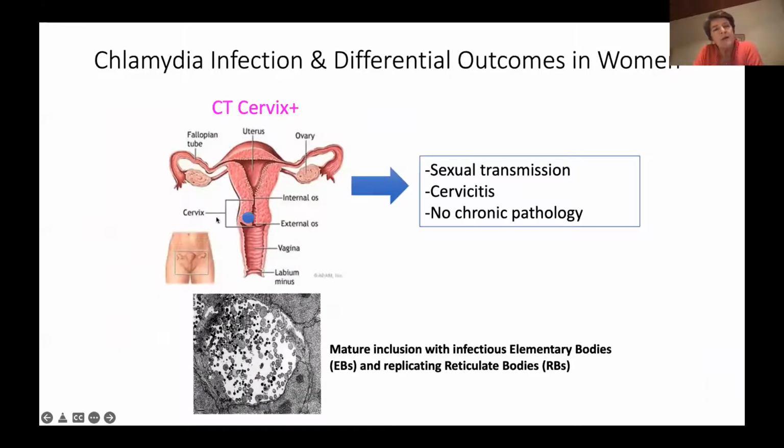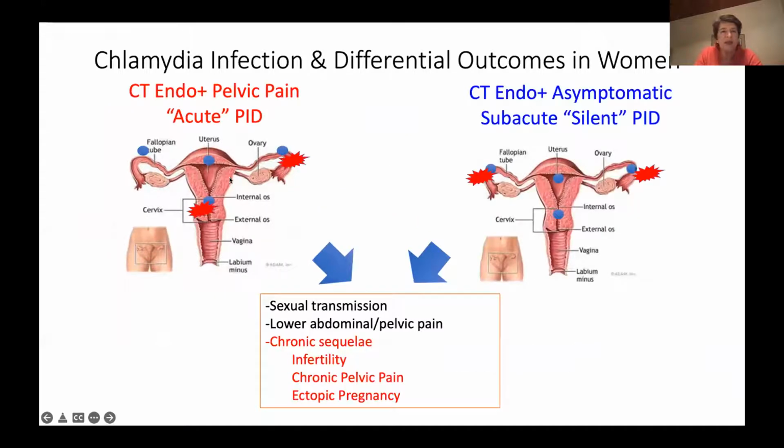So in a woman that's infected in their cervix, this can lead to sexual transmission, can lead to vaginal discharge, but it doesn't cause any chronic pathology. But when the organism ascends to the upper genital tract, it can lead to acute pelvic pain, and those patients will present to the emergency room or clinic with pain.